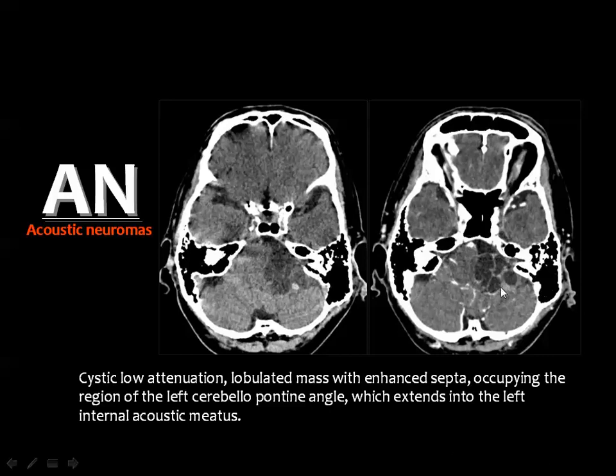if you look at this example, this is a pre-contrast scan. And this is a post-contrast scan. You see the extra-axial location of the lesion by widening of the ipsilateral cistern, and also the lesion is extending inside the internal auditory canal. You can easily discriminate this lesion from another commonly seen lesion at the cerebellopontine angle, which is the epidermoid cyst.